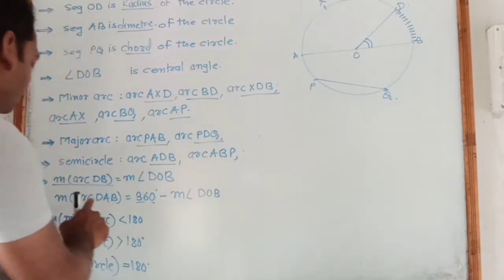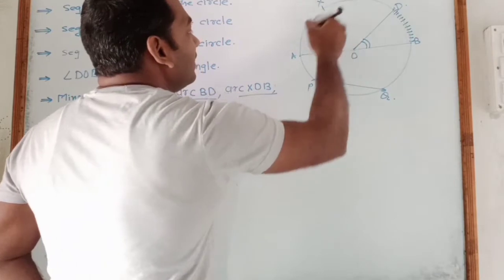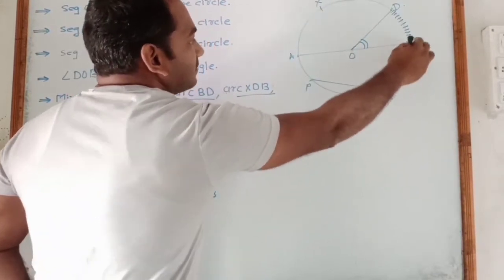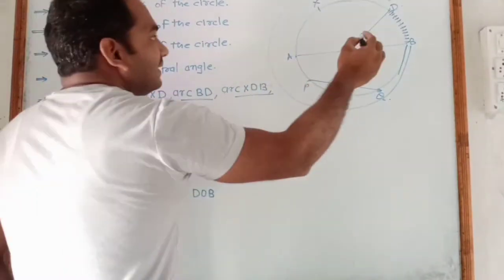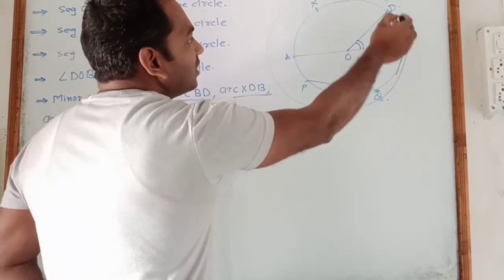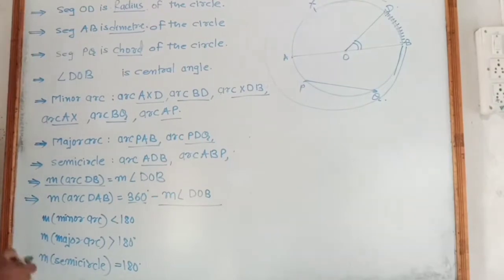Remember this. Measure of arc DAB, where is DAB? This much arc, this whole. So what is the measure of this? That is 360 minus arc DB. Arc DB means angle DOB. So we put here DOB.